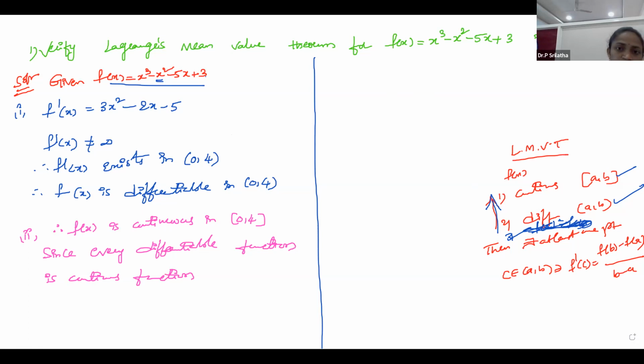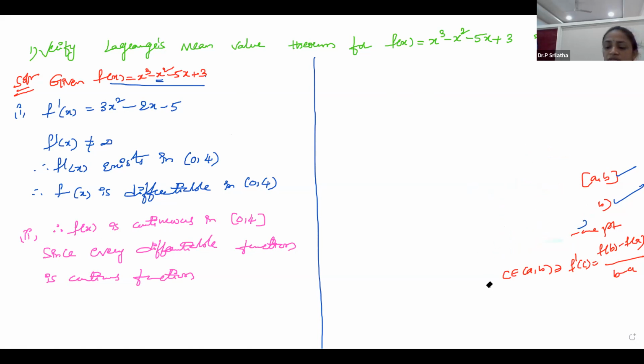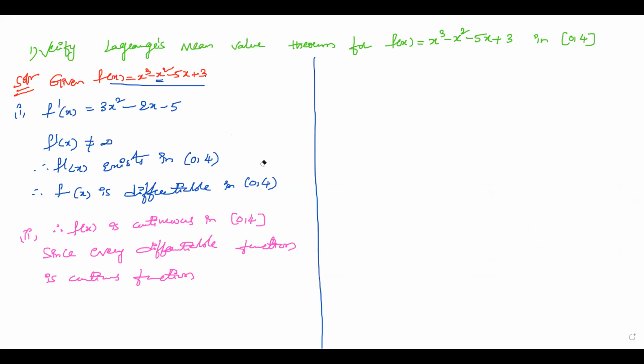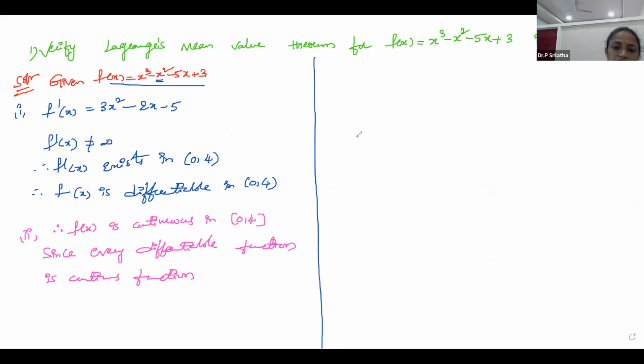So next, what do we have to do? Same procedure like Rolle's mean value theorem. Yes, f dash of C. By using f dash of C, we can find the C value, and we check whether the value is between 0 and 4 or not.